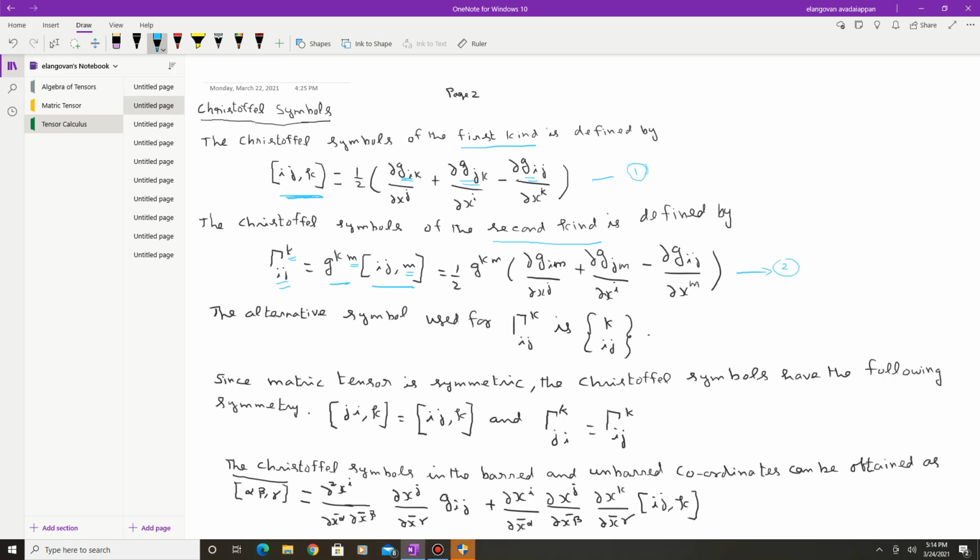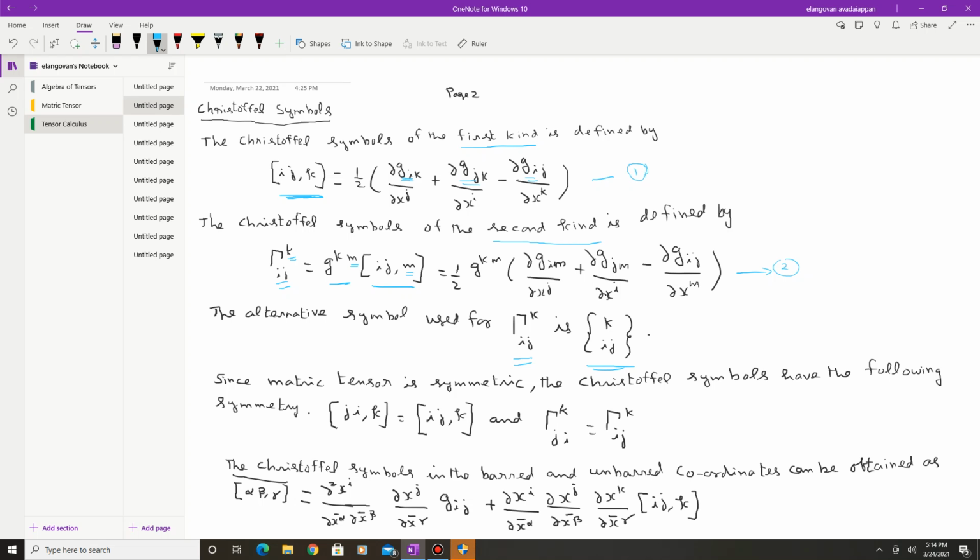Now there are two ways of expressing the symbol. One is using a gamma symbol, gamma superscript k subscript ij. Some others use the symbol k over ij within brackets.